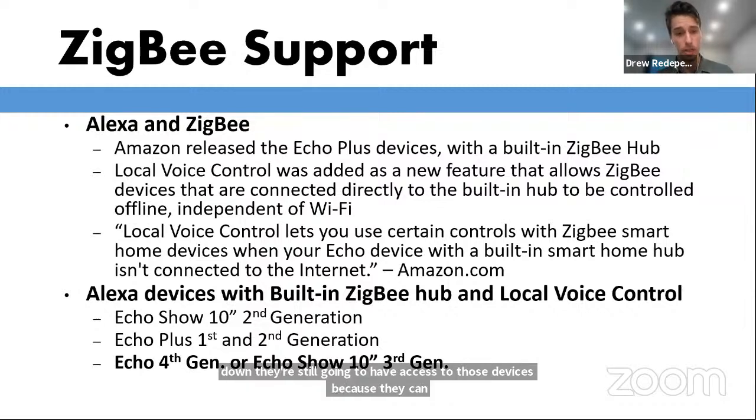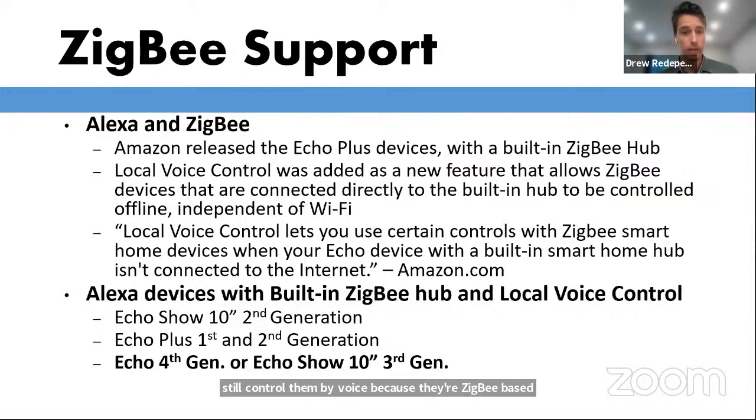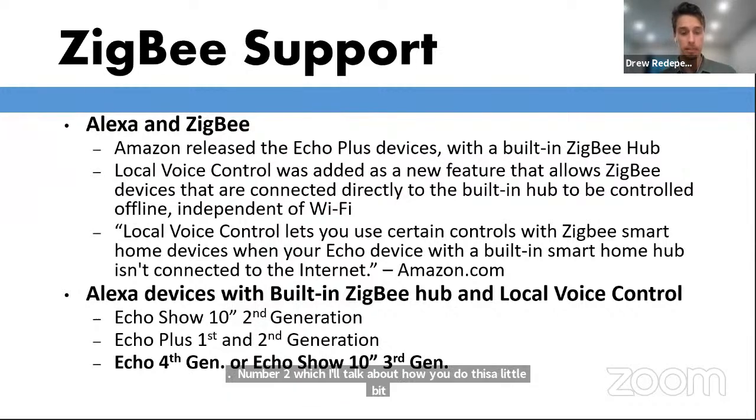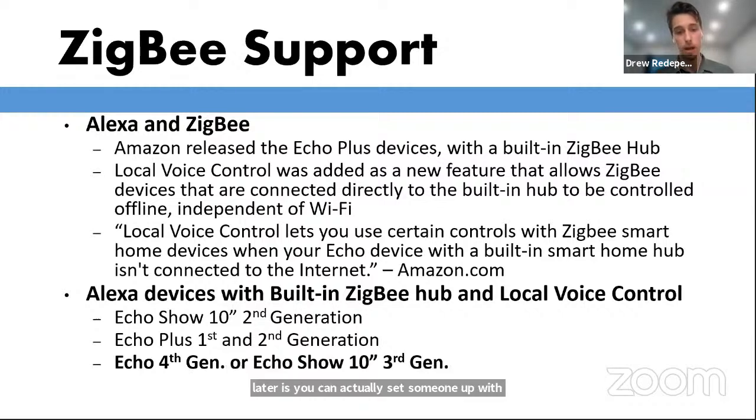Number two, which I'll talk about how you do this a little bit later, is you can set someone up with an Alexa-based system if they don't have Wi-Fi at all. If somebody doesn't have Wi-Fi and they want to have the benefits of Alexa, I can set up an Alexa system in their home using ZigBee, since local voice control allows me to set up Alexa systems in someone's home without Wi-Fi because they're ZigBee based and not Wi-Fi based.